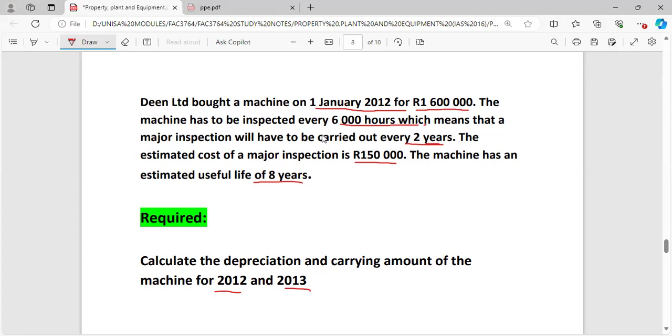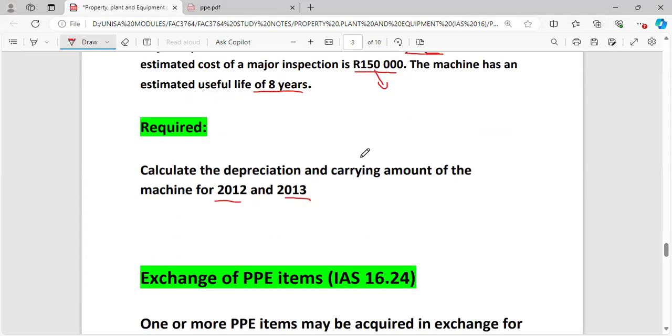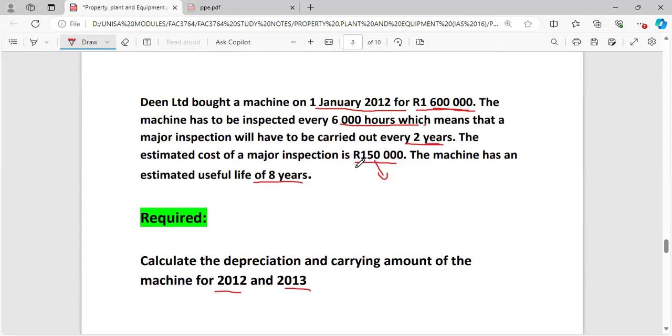So we have the inspection cost, and the inspection cost will be in the cost of the machine. So which means we need to separate them so that we can depreciate them. Right, so let's see how we do the calculation for this part.